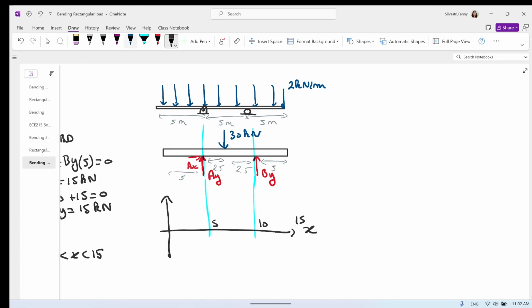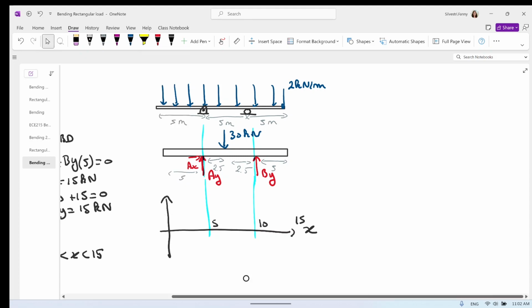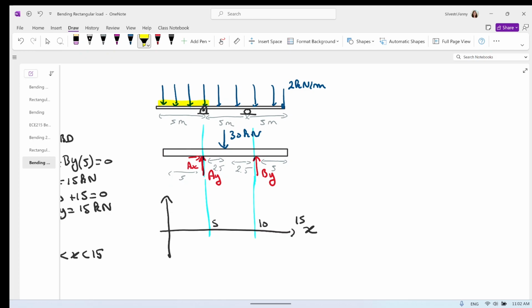So what is happening on our beam? In the first part of our beam, we have a distributed load with a slope of 2 kilonewton per meter.